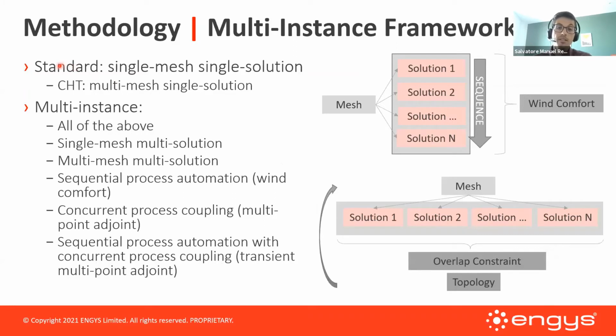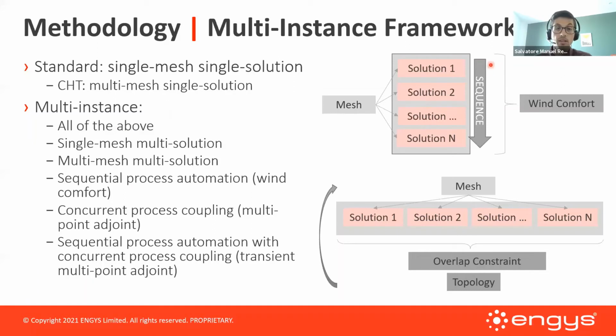A typical standard solver framework is single mesh, single solution, or in case we consider a CHT case, multi-mesh, multi-solution. The multi-instance framework allows all of the above, but also single mesh, multi-solution, multi-mesh, multi-solution, and sequential process automation. For example, solutions obtained sequentially one after the other.